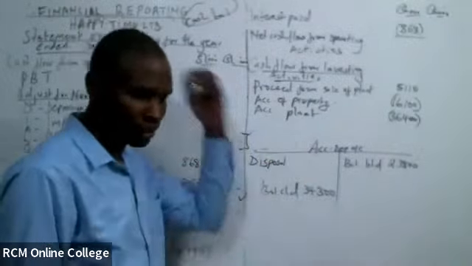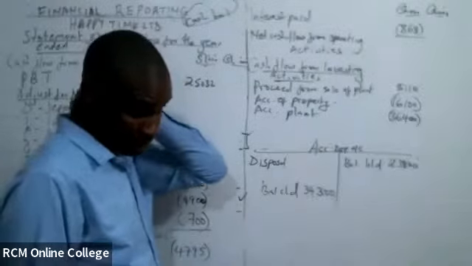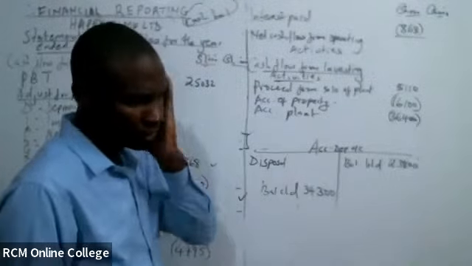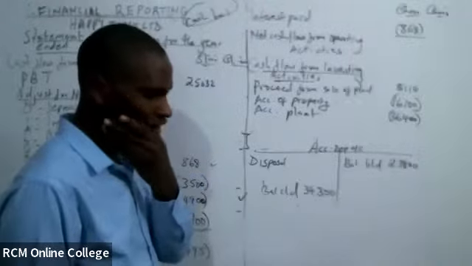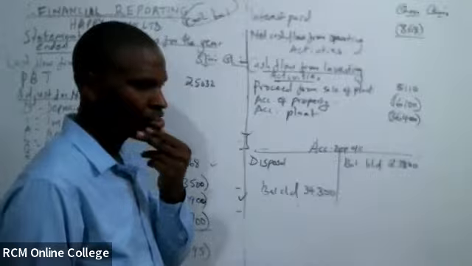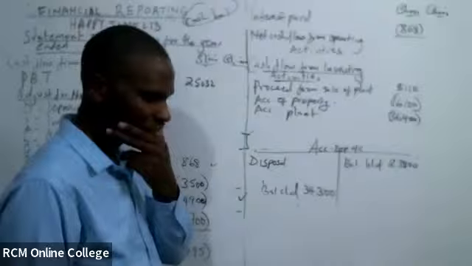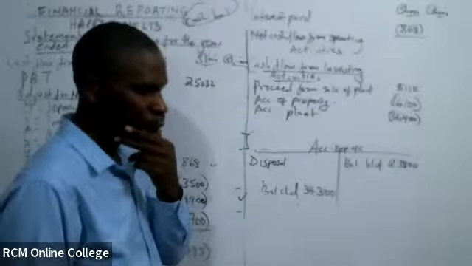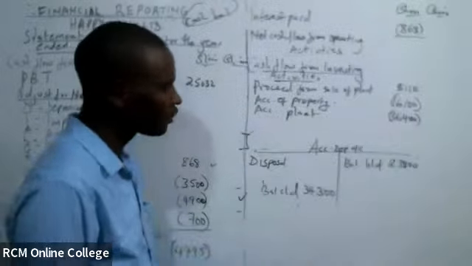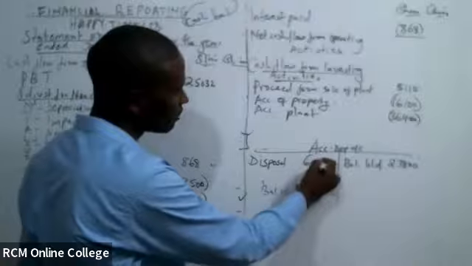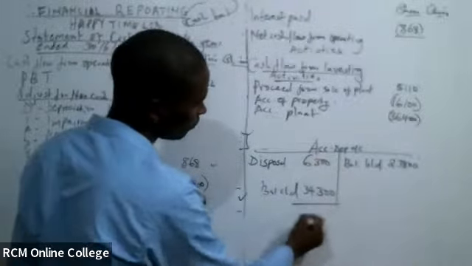Wakati tulikuwa tunadispose, there was the accumulated depreciation. How much was it? Angalia tu pale kwa 6,300. Please balance the account.